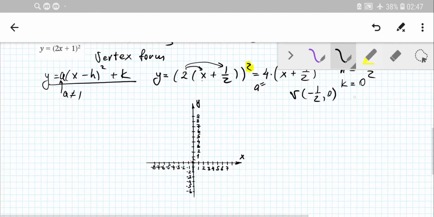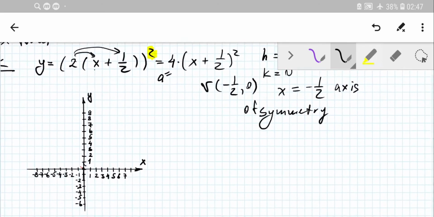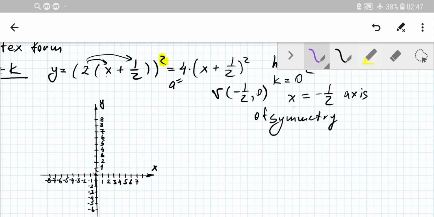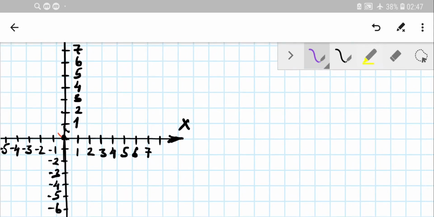So the axis of symmetry is x equals negative 1 over 2. This is the axis of symmetry. And we just need to put this line, x equals negative 1 over 2, right here on the Cartesian plane.